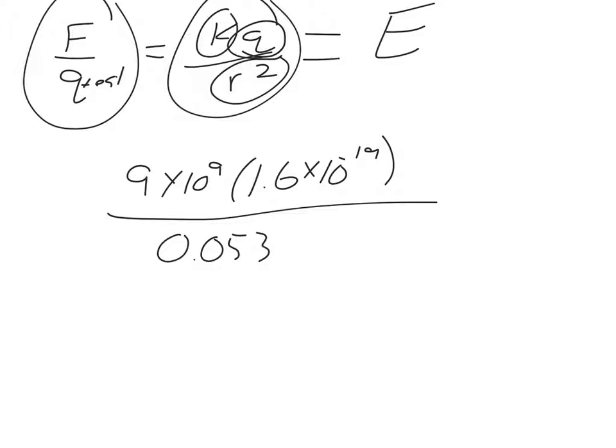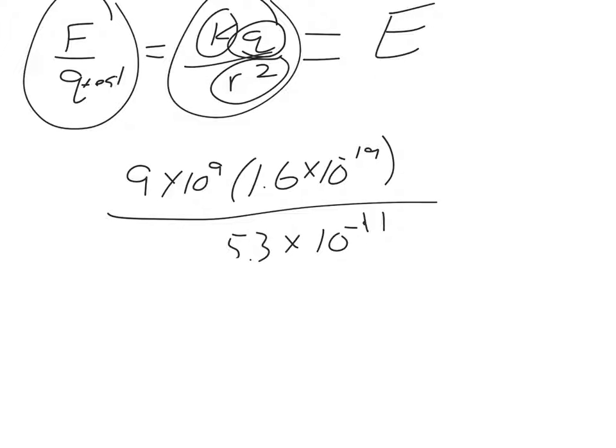0.053. A nano is a 10 to the minus 9, so times 10 to the minus 9. And I'm squaring that, but before I square that, let's just move this over twice to make this 5.3, and we lost 2 tens doing that, so that's times 10 to the minus 11.